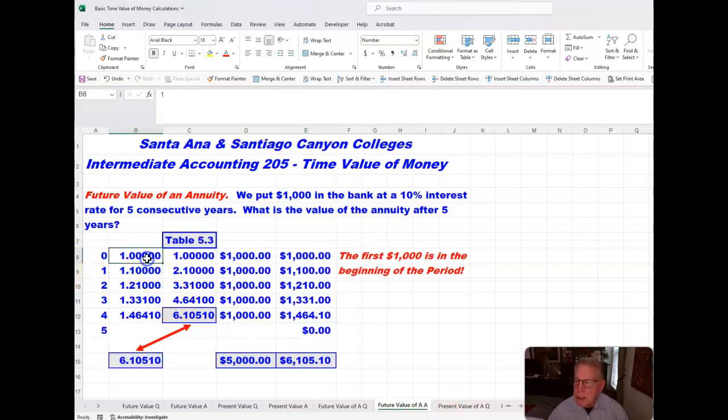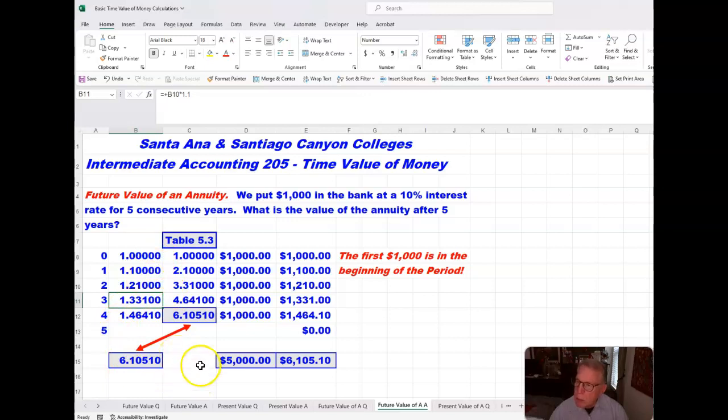Same calculations here. We calculate these numbers here, and you'll find that this is in table 5.3. So all I'm doing is adding each one of these across cumulatively, right? So this 6.105 is the sum of all of these 5 items here, and that totals 6.10510.